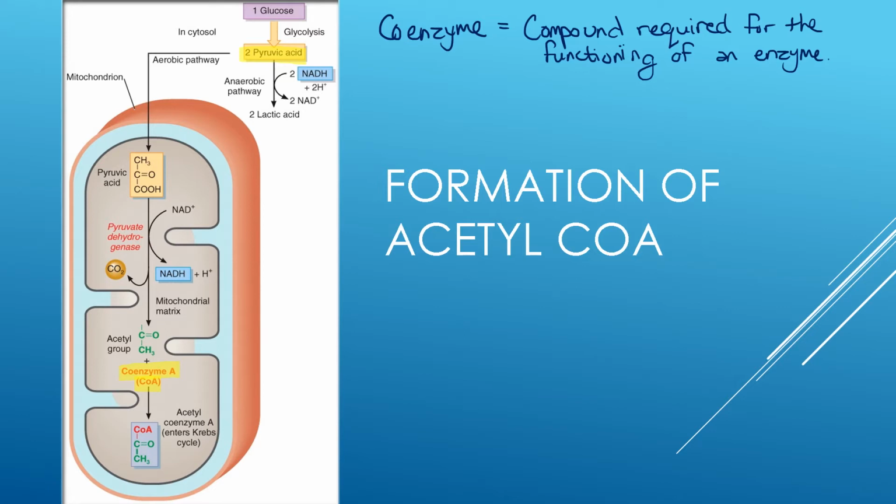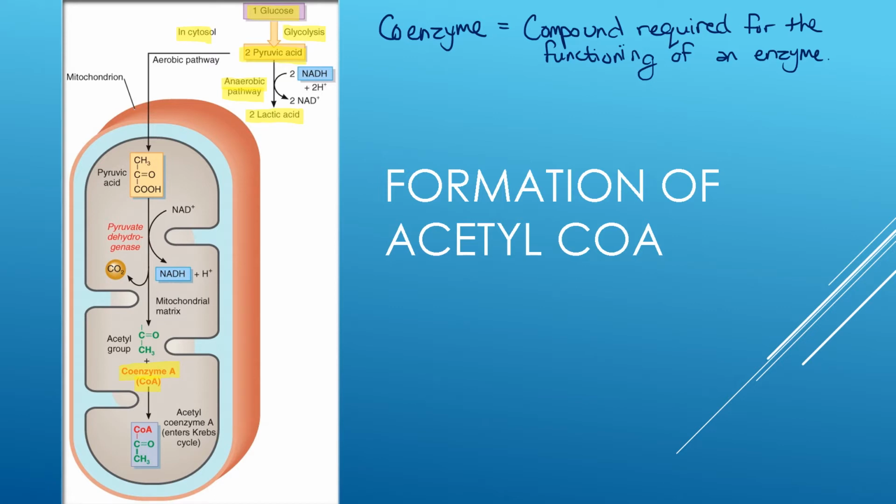So up here in the cytosol, we see this glycolysis reaction converting glucose into 2 pyruvic acid molecules. And like we just went over, if there is very little to no oxygen present, pyruvic acid will follow the anaerobic pathway here, being converted into lactic acid molecules.